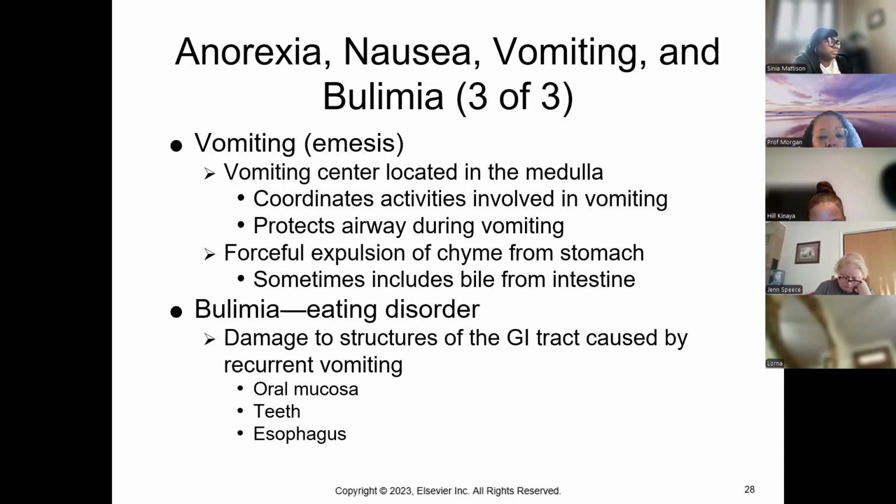That's to prevent any sort of aspiration. If you were to aspirate the vomit into the lungs, it could cause inflammation or obstruction of the airway. Vomiting, or emesis, is forceful expulsion of chyme from the stomach, and sometimes it also includes things like bile from the intestine.